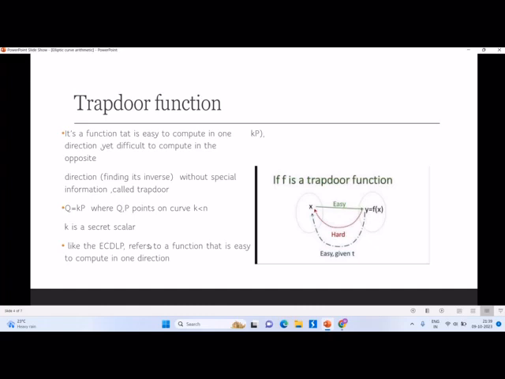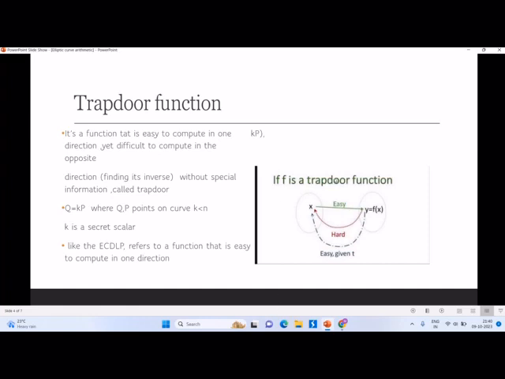Trapdoor function: it's a function that is easy to compute in one direction, but difficult to compute in the opposite direction, finding its inverse without special information called a trapdoor.